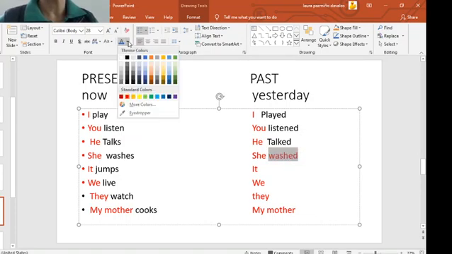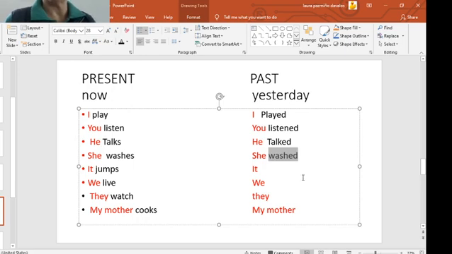Okay, sorry, I need to change this, yeah. See, it jumps. ¿Cómo le cambio el pasado? ¿Cómo pondrían en el past tense form? Jump, que aumentó ed, again. I don't want red, I want black. Okay, past tense.